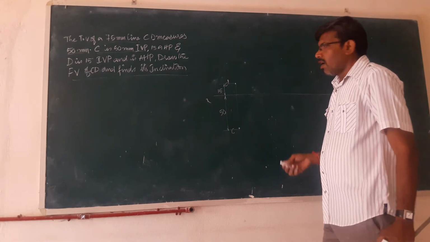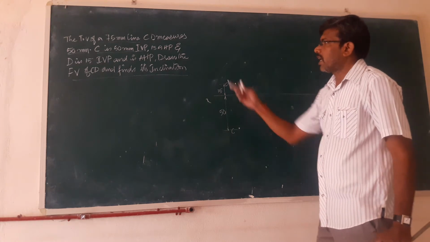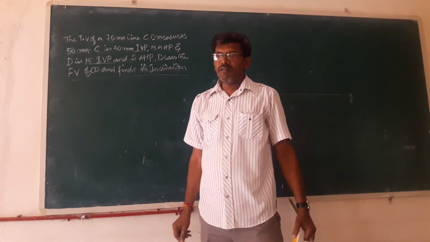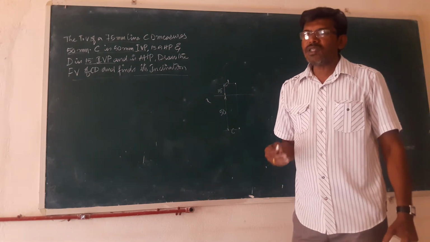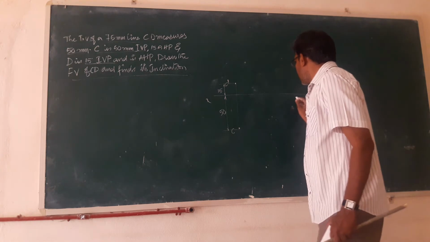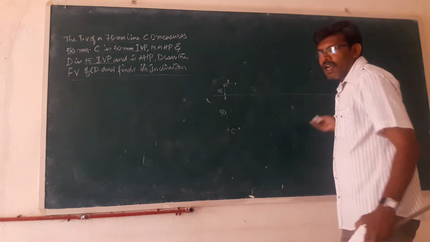Then here one thing we have to do: the D point location is given, that is, in front of the vertical plane. In front of the vertical plane means that is nothing but the top view of the point D. So I don't know where it gets.